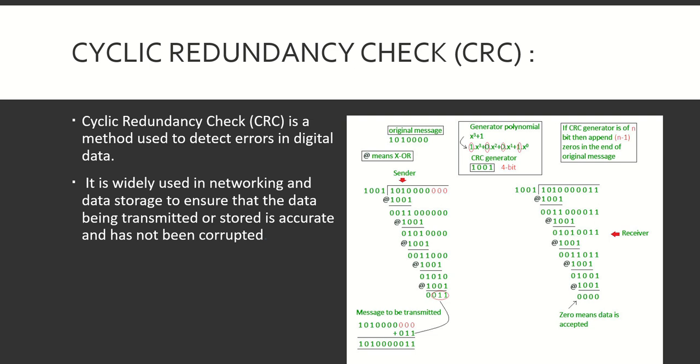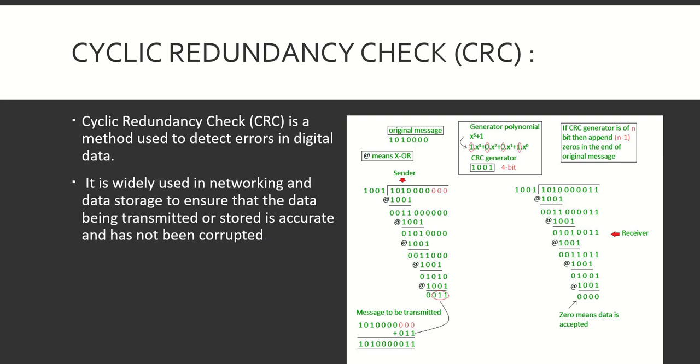At the destination, the incoming data unit is divided by the same number. If at this step there is no remainder, the data unit is assumed to be correct and therefore accepted. A remainder indicates that the data unit has been damaged in transit and therefore must be rejected.